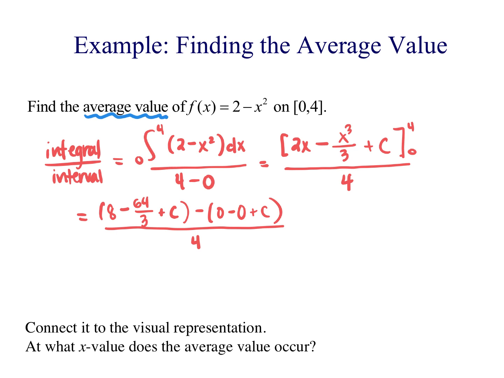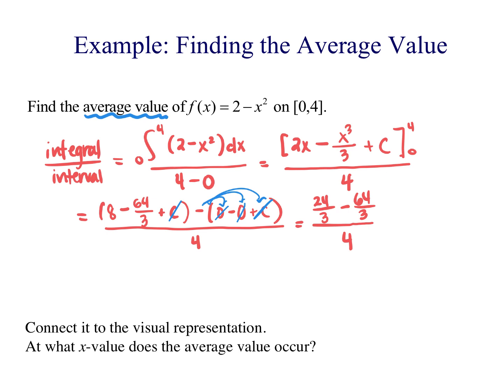So I distribute my negative. As I distribute my negative, the c's cancel out, the zeros cancel out. My numerator is left to be 8 minus 64 thirds. In common denominators, that would be 24 thirds minus 64 thirds, still all over the number 4.